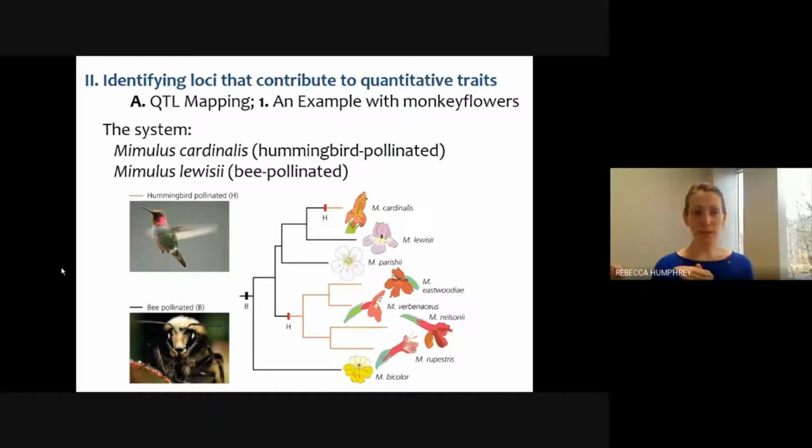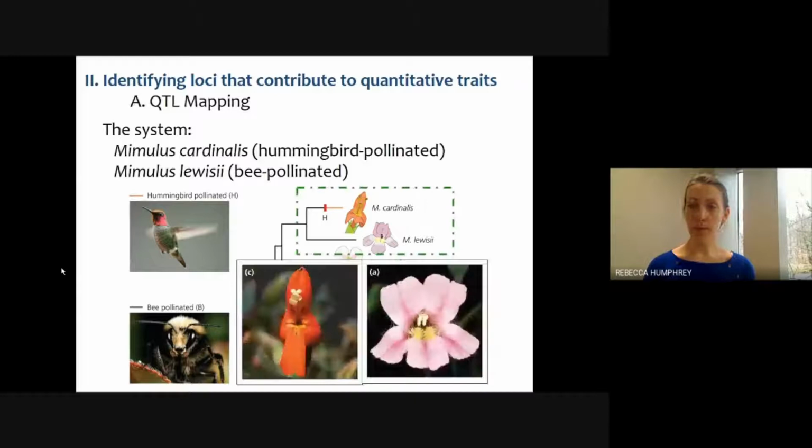We're going to introduce ourselves a little bit to the system that we're using as an example of this quantitative trait locus mapping. This is a system of flowering plants called monkey flowers, the genus Mimulus: Mimulus cardinalis and Mimulus lewisii. And there they are. They're sister species.